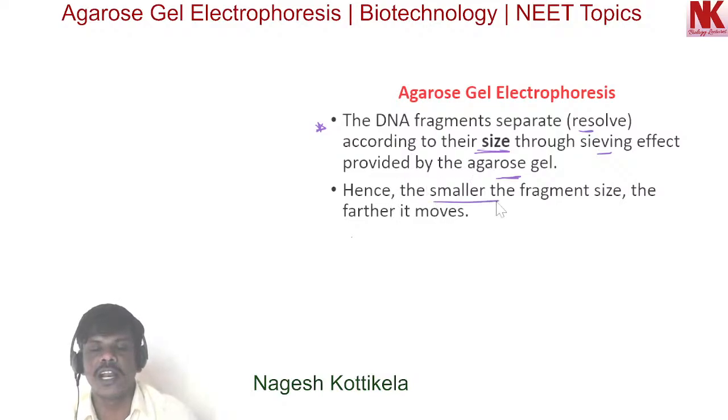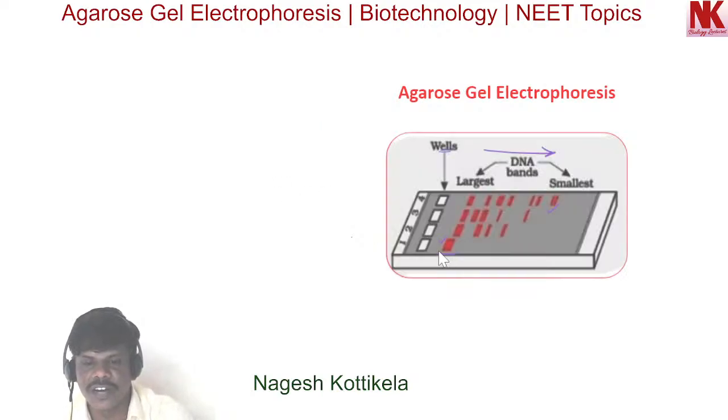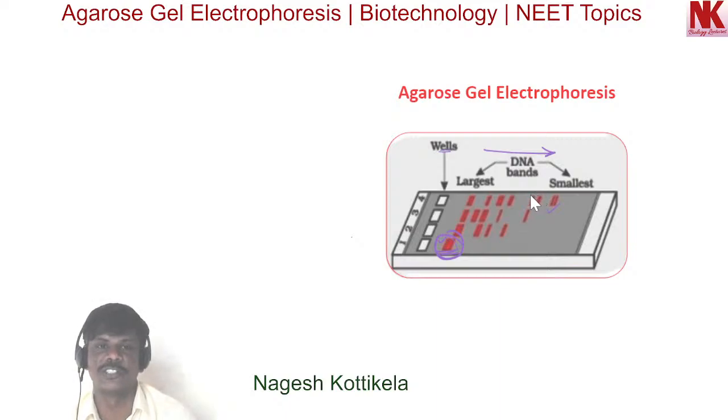Hence, the smaller the fragment size, the farther it moves. So if you look here, this DNA fragment has a larger size, and this has the smaller size. So the smaller the size, the farther it moves. Electrophoresis works on this basis.